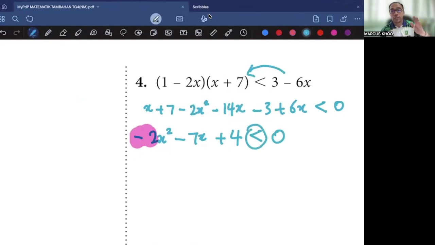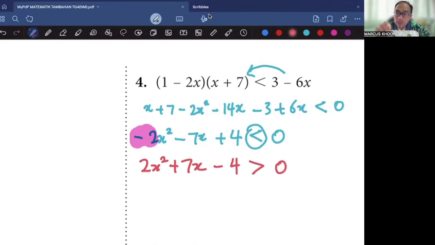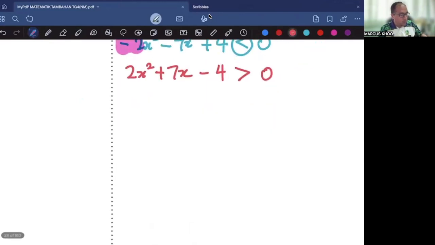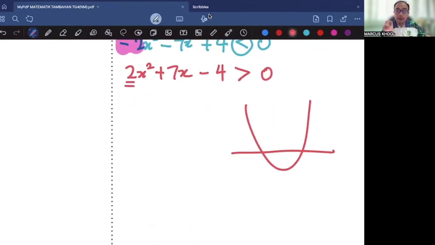So what you're going to get is 2x squared, I change it to positive, negative 7x changes to positive 7x, positive 4 becomes negative 4, and less becomes more than 0. Because the most important thing is that you want to draw this graph, so this must be a positive number.